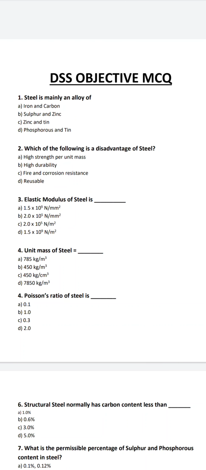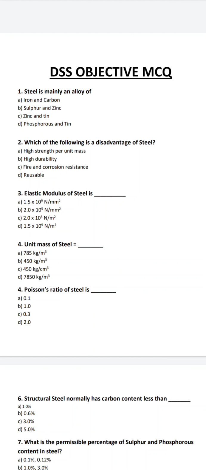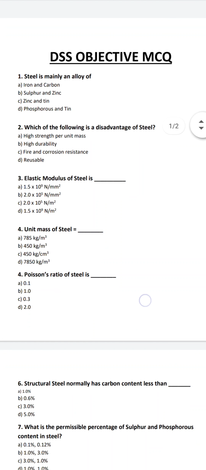Because steel has high strength per unit mass, it is highly durable, and it is reusable. So options A, B and D are correct advantages. Which is the disadvantage? Only option C is left, which is the disadvantage. Steel is particularly poor in fire and corrosion resistance. It needs to be protected. Okay, so we'll move to the next question.